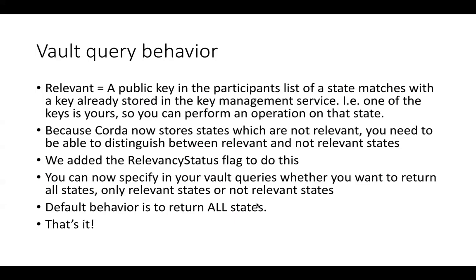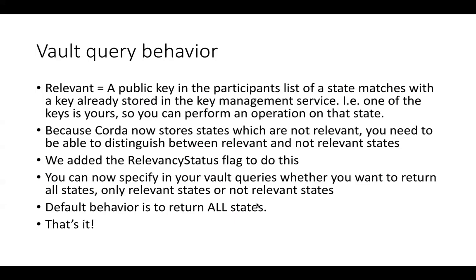But I think that this is more for subtle edge cases where maybe you want to do a cache total, right? And you're using confidential identities. So you've got many public keys. So it wouldn't be practical to pass in all of those public keys into the query. So you just want a nice way to say, hey, just give me all the ones that are relevant and all the ones that are not. But yeah, it's a good question.